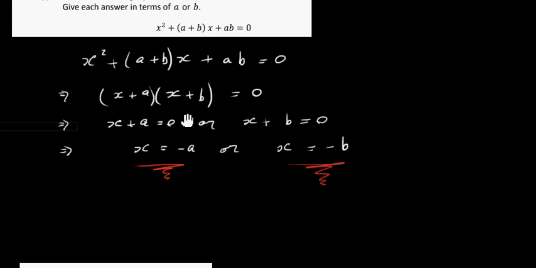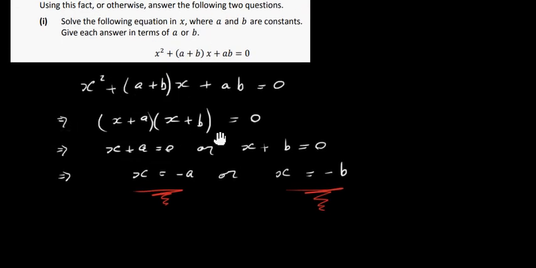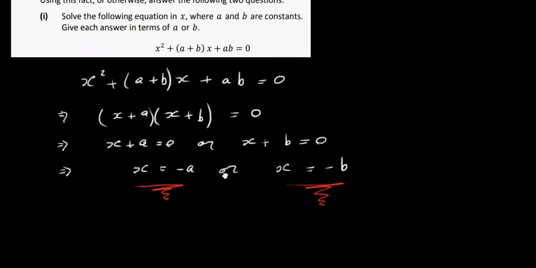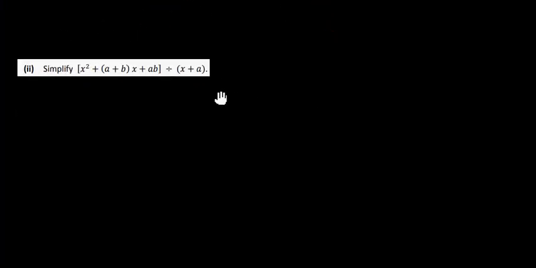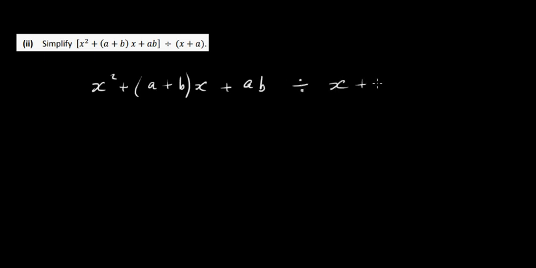And that's what we were asked to do. Give your answer in terms of a or b. So these are our two answers here. Okay, so let's do this one then. Last one then is just the same thing again. We have an x squared plus a plus b times x plus ab, and we want to divide that by x plus a.